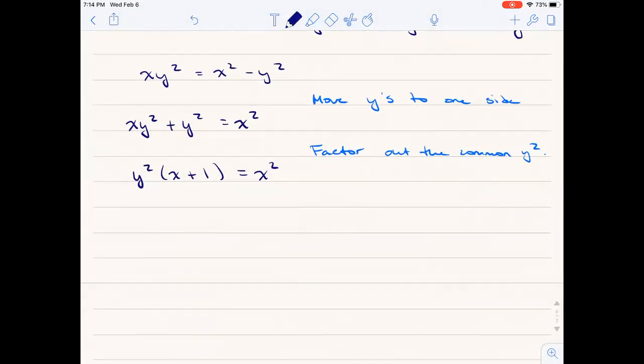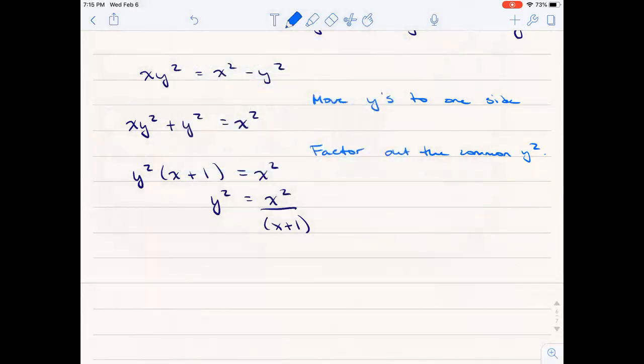So now I can divide both sides by x plus 1, because I've got y squared on its own, and then I can just divide out the x plus 1. So now I've got y squared is x squared over x plus 1. Now I've solved for y squared, but I was supposed to solve for y. So now to solve for y, I have to take the square root of the y squared.